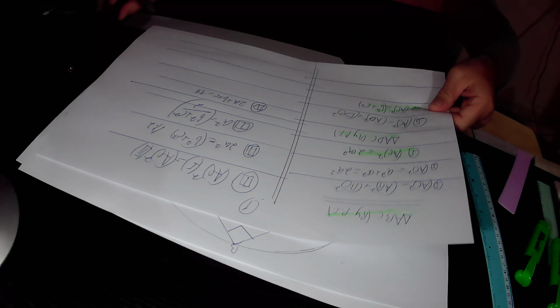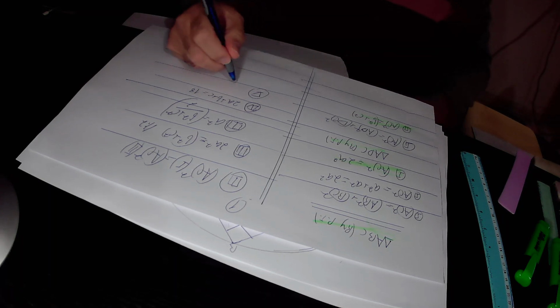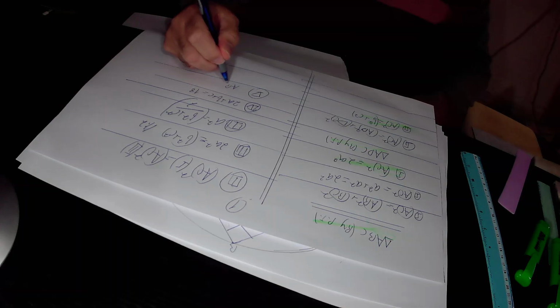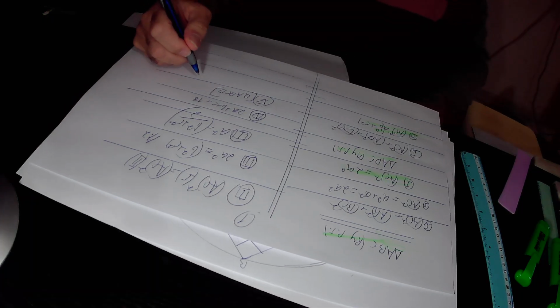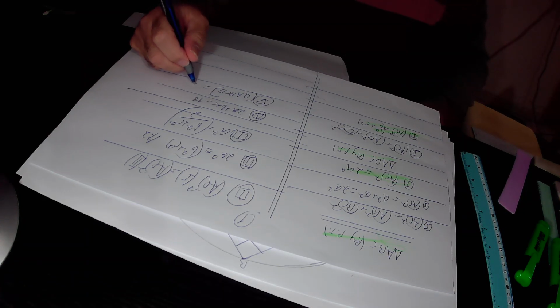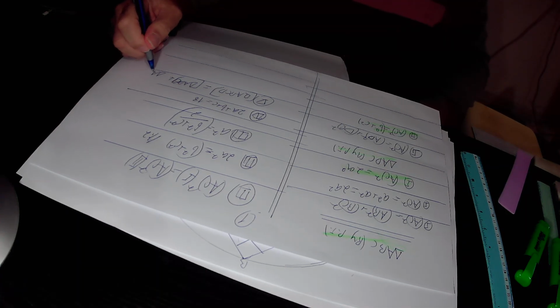So in total, the area of the big quadrilateral ABCD must be equal to the sum of the areas of the two shapes that it consists of. That is to say, it must be equal to the area of the right triangle ABC, plus the area of the right triangle ADC.